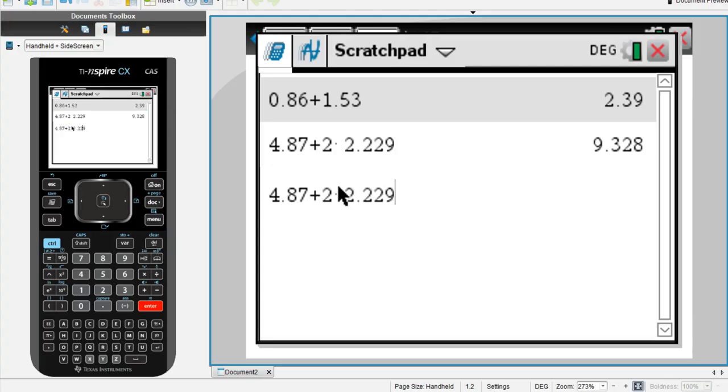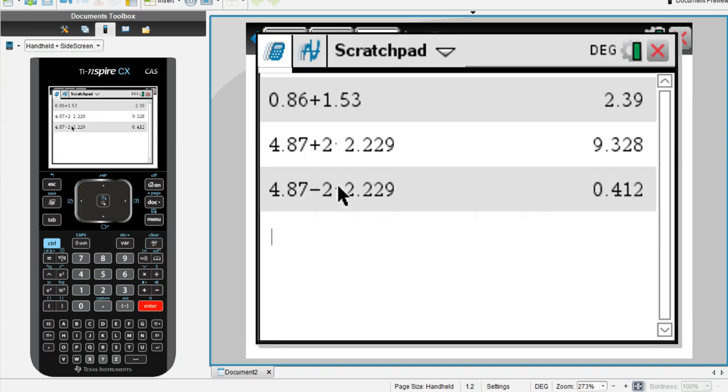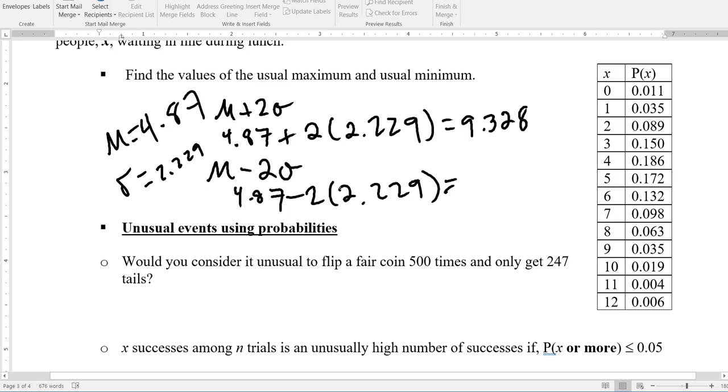So change that from a plus to a minus, 0.412.